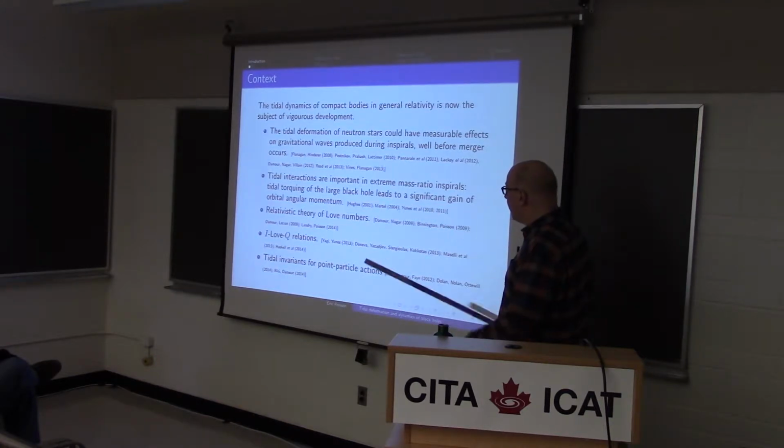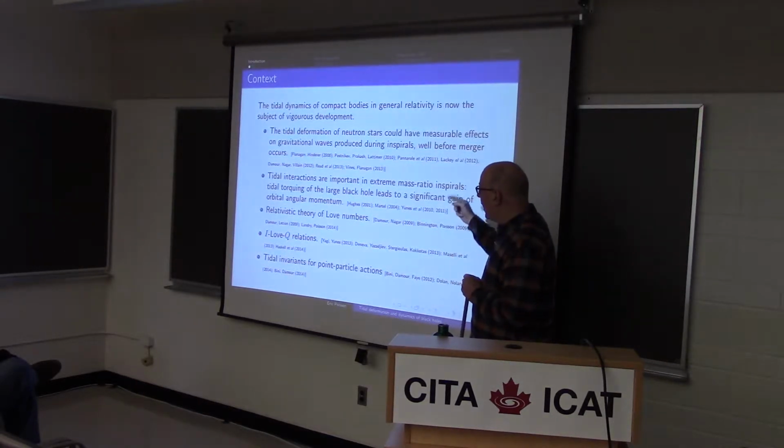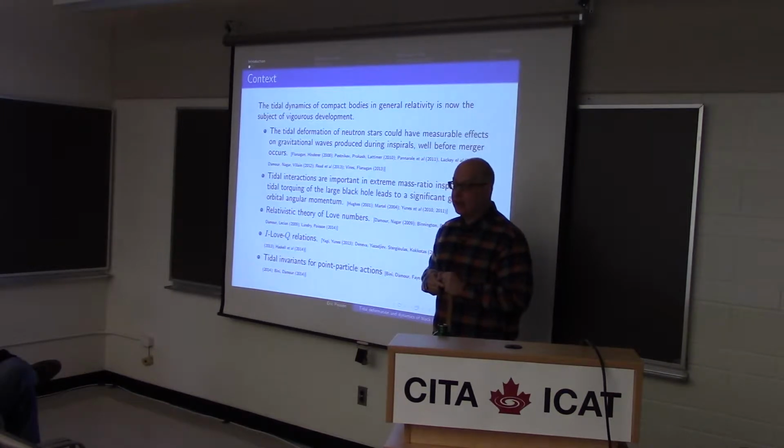It's been known for some time that if you are thinking of sources of low-frequency gravitational waves, and in particular looking at extreme mass ratio binaries, so a small black hole orbiting a supermassive black hole, that the tidal dynamics is actually significant. So here it's the small black hole that's producing a tide on the large black hole.